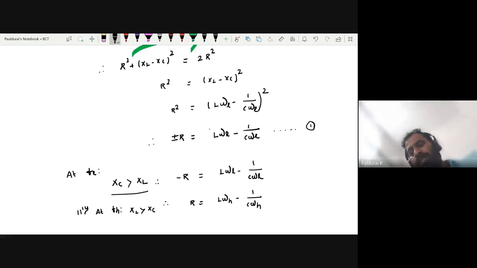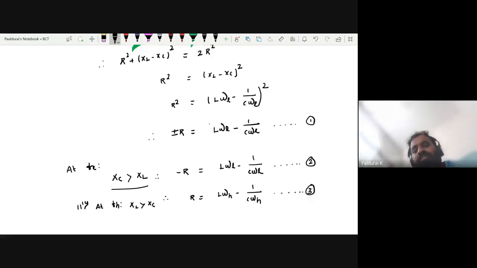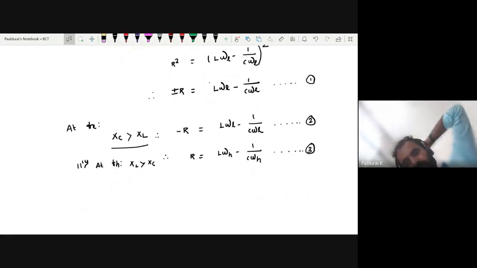So this time it is positive, right? Take this as equation number 2 and equation number 3. So we found equation number 1. From that, at lowest frequency it equals minus R, so obviously at highest frequency it equals R, right?